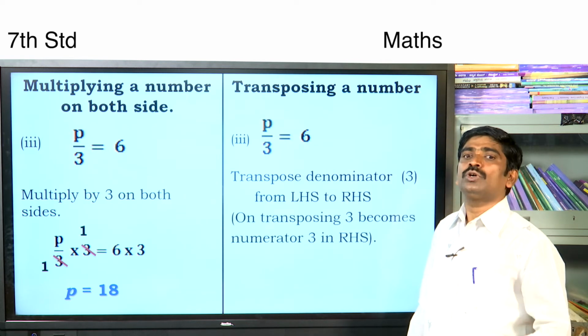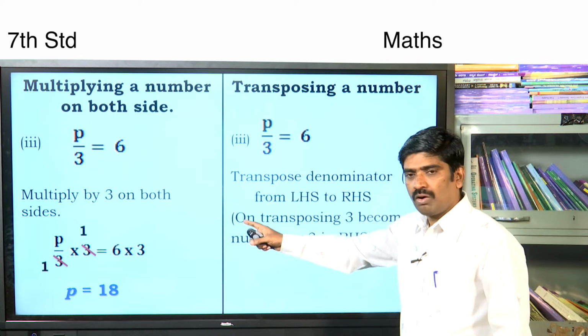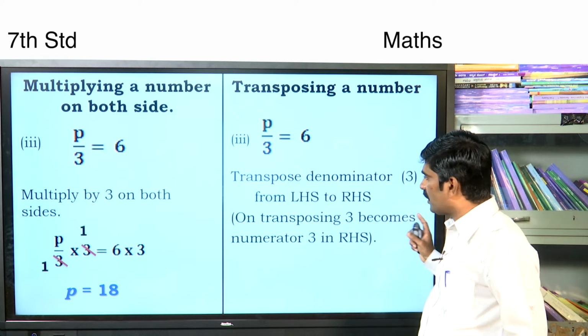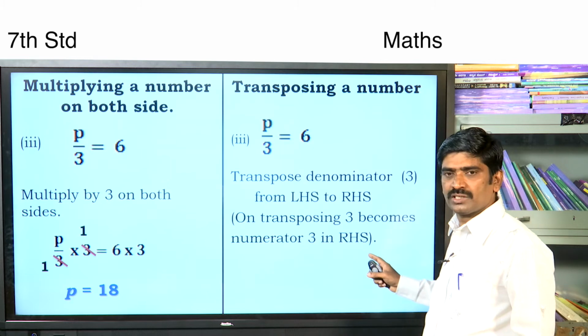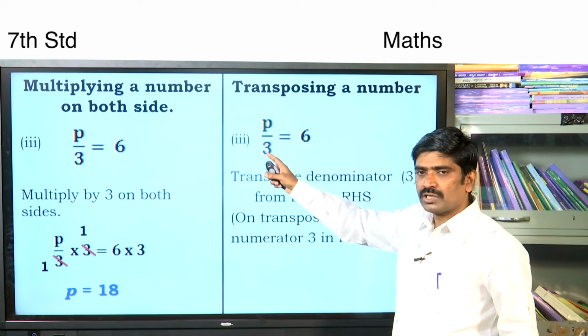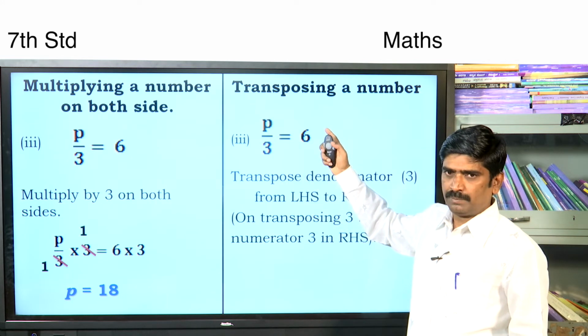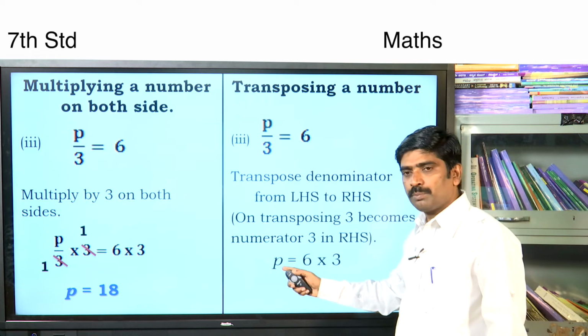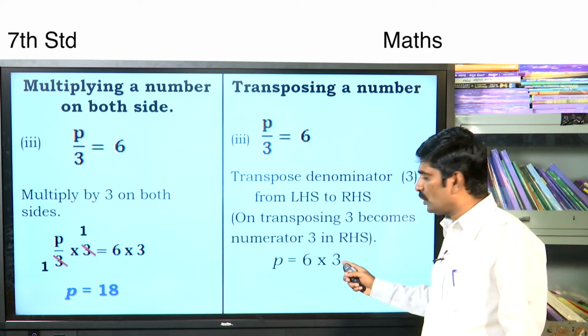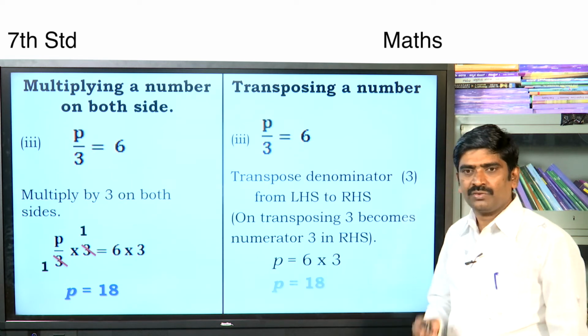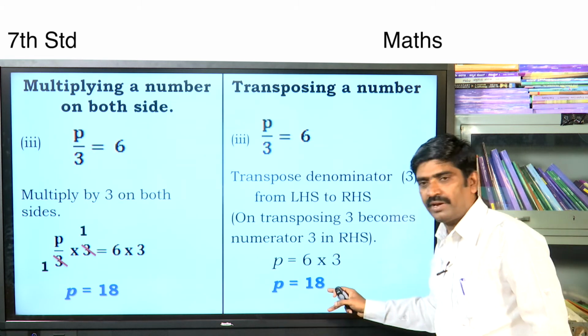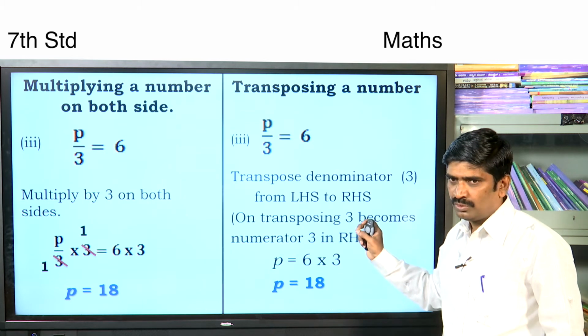It comes to numerator. On transposing, 3 becomes numerator 3 in RHS. That is division converts to multiplication. Then p is equal to 6 into 3. Therefore, 6 threes are 18. Very good. Therefore, p is equal to 18. I think you got it.